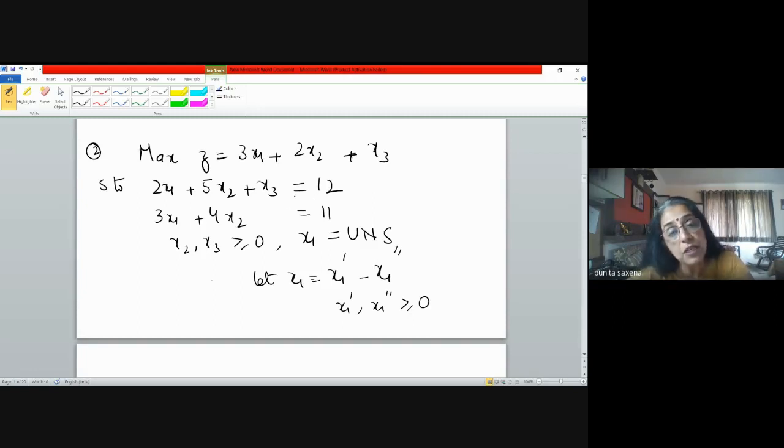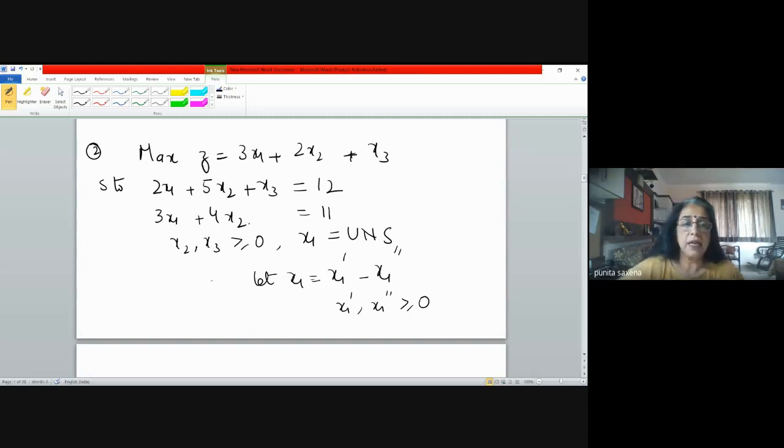But if I am not introducing A1, I need only 1 iteration to get rid of A2. So I'm reducing my time of evaluations. So I will leave the first row unchanged as far as the addition of any artificial variable is concerned, but I will add an artificial variable in the second row.